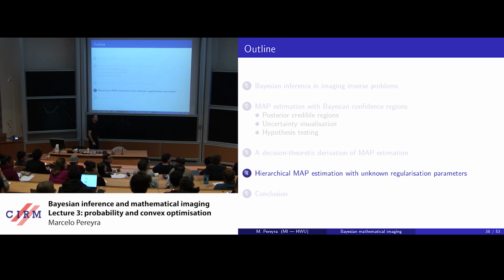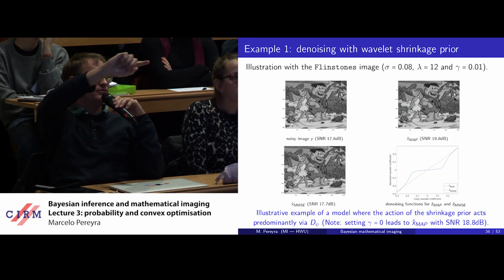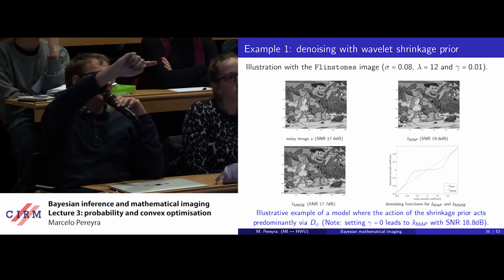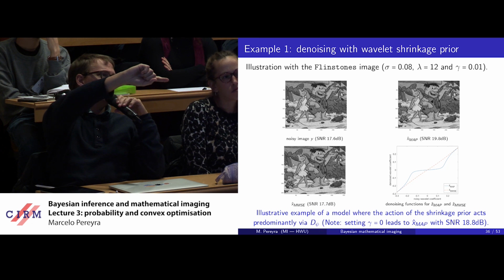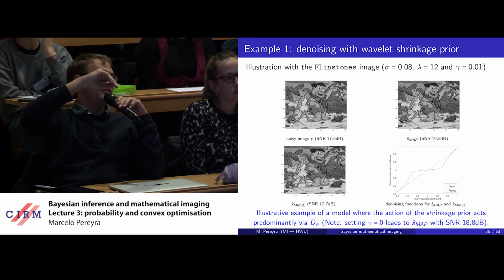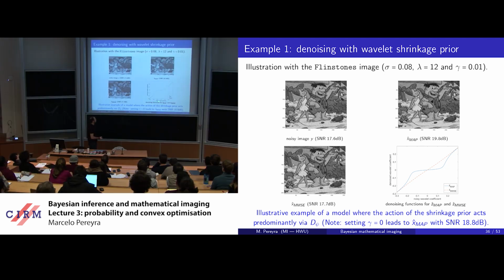So coming back to the thresholding functions that you showed, I did not really understand what you were displaying on this curve. Can you re-explain? So this is taking noisy wavelet coefficients as input and outputting denoised wavelet coefficients.